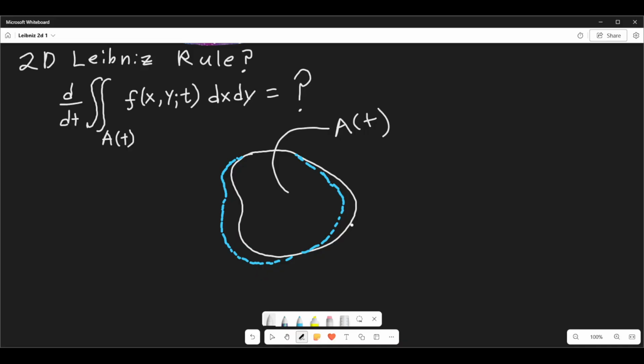But then the boundary is going to be referred to as omega of t. So omega of t is defined as the boundary of A of t.